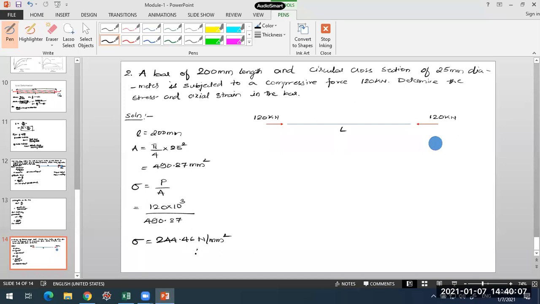And this is also MPa, megapascal. 1 Newton per mm square is equal to 1 megapascal only. Just keep that in mind. And this was the first quantity.